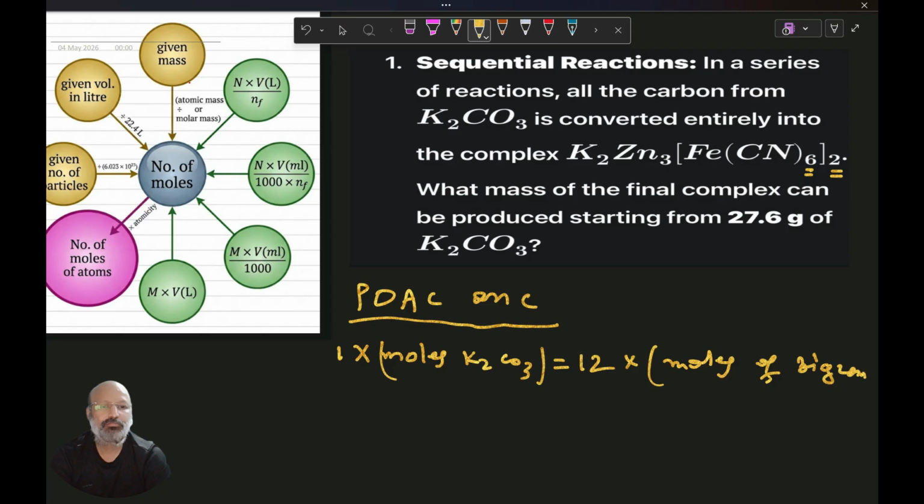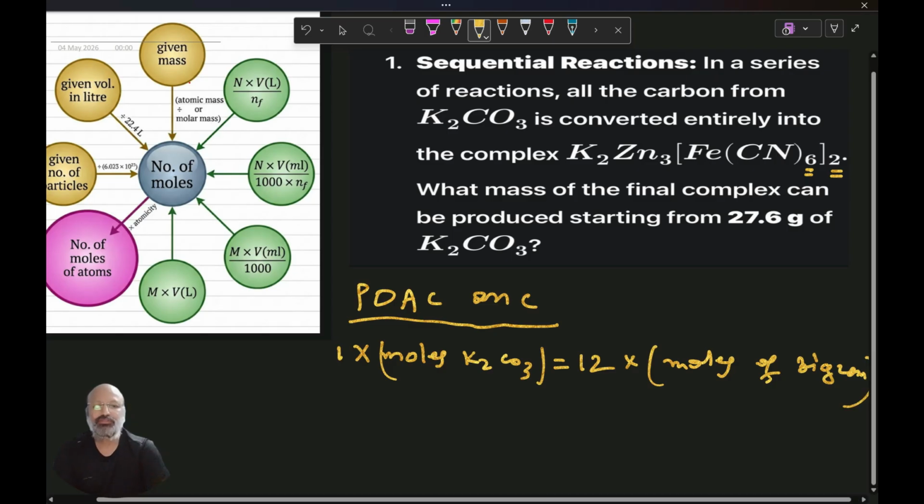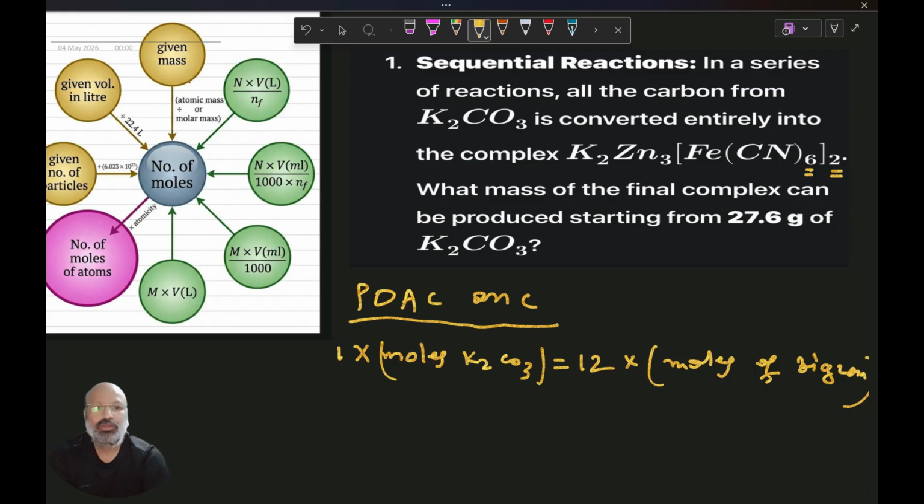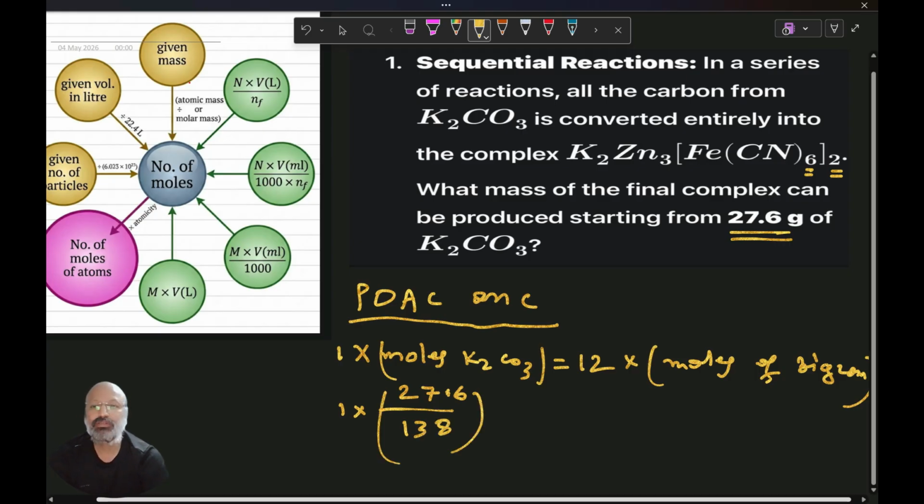I'm not writing the full name, there is no need. Next, I need to write 1 into given mass, that is 27.6 gram, divided by the molecular mass of K2CO3, that is 138 gram. This is how I have got the number of moles.